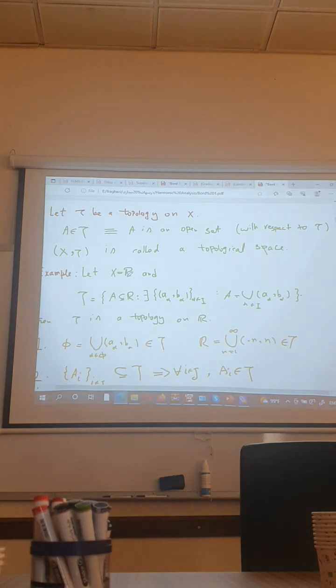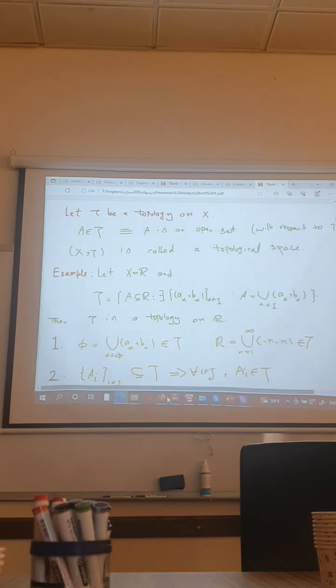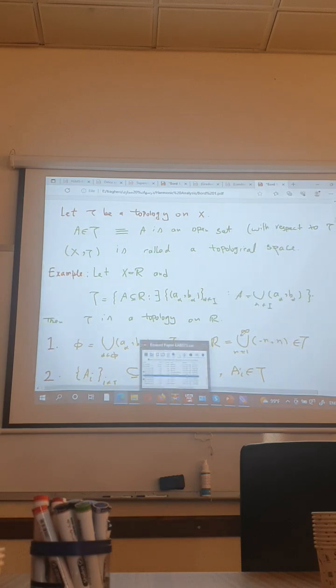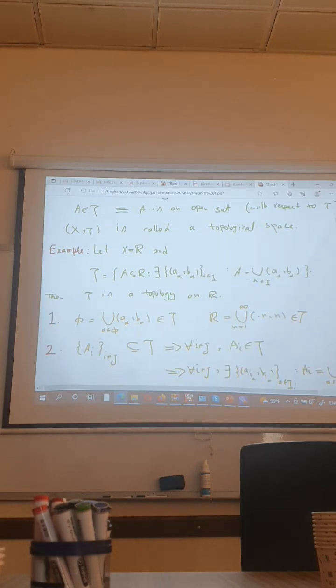X equal to R and tau the set of all subsets of R such that A equals the union of open intervals. Then tau is a topology on R. For a topology, we must check three properties, okay?